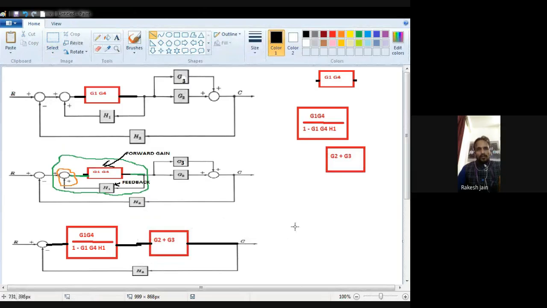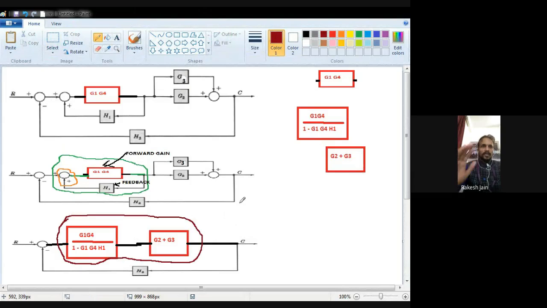Now the question is reduced to this canonical form, and these two blocks I show you in brown color, G1 G4 upon 1 minus G1 G4 H1 and the second block G2 plus G3, are in cascade.